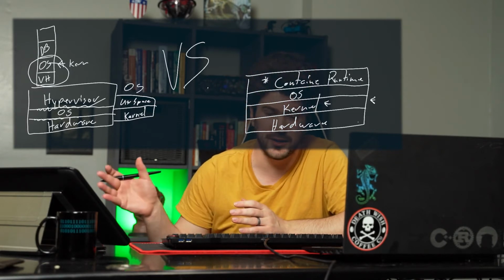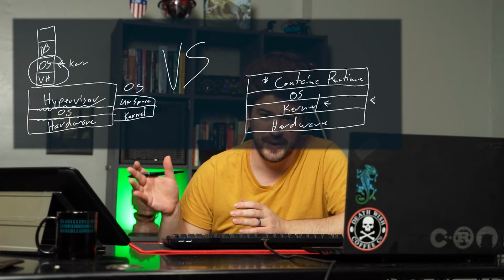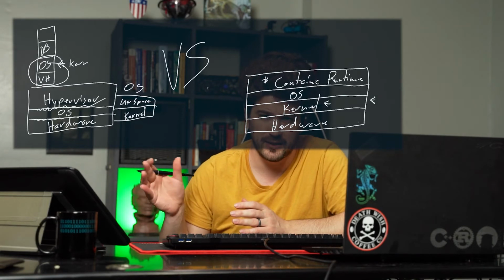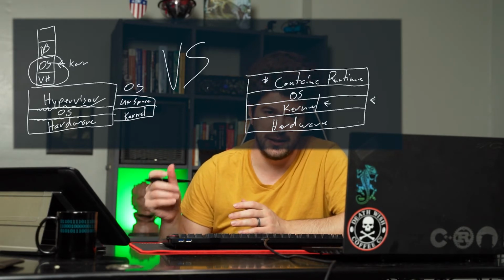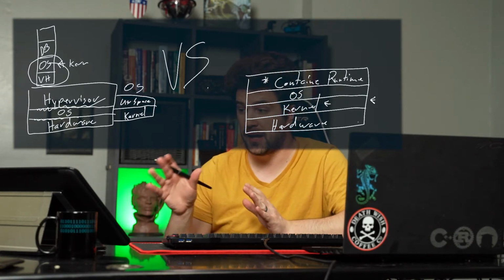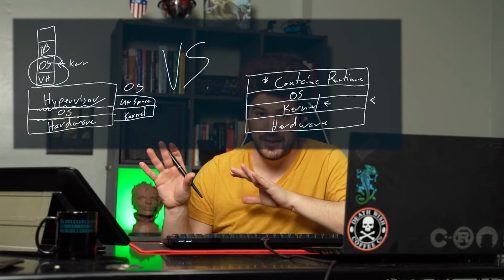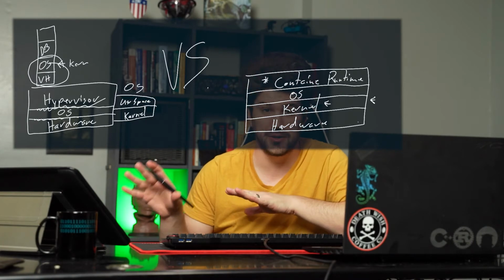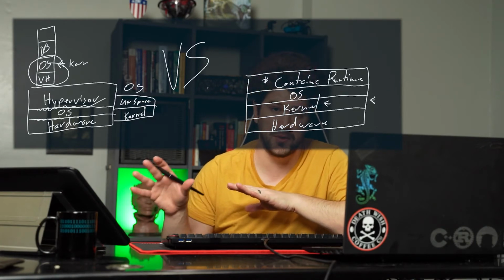So if there's a security vulnerability in your kernel outside of your containers, there's a security vulnerability in your kernel inside your containers. Okay? I just want to make sure that that is clear. I don't think a lot of people understand that. You don't have all of Ubuntu running.